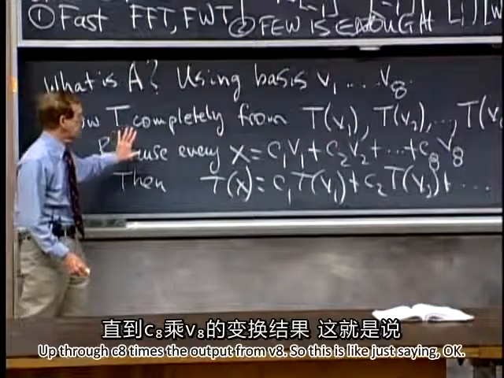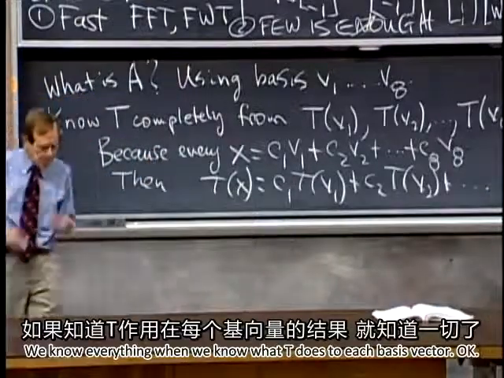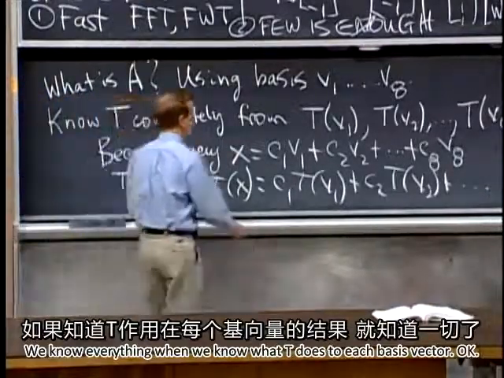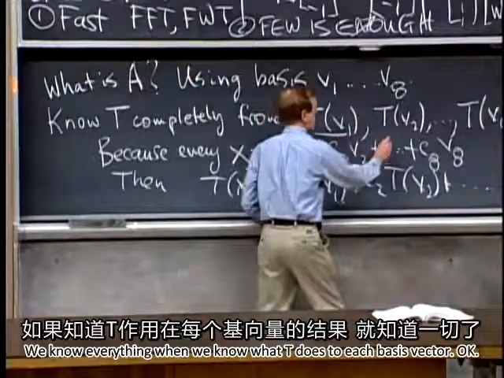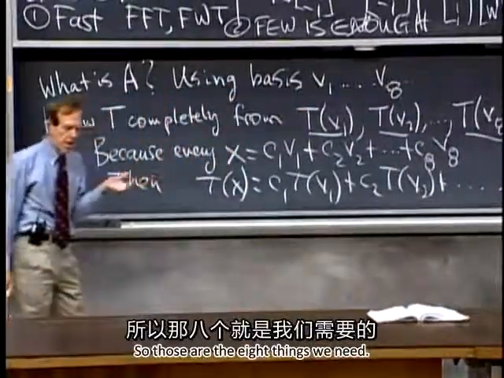So this is like just saying, okay, we know everything when we know what T does to each basis vector. Okay. So those are the 8 things we need.